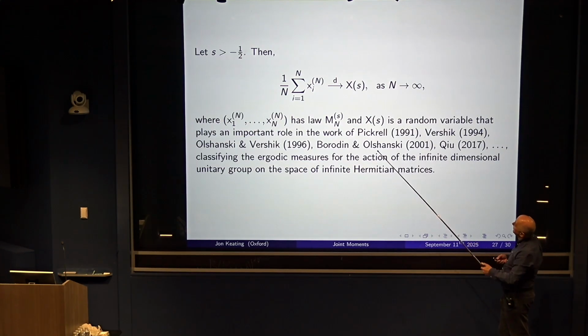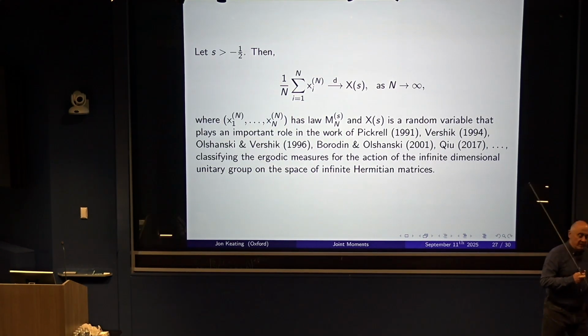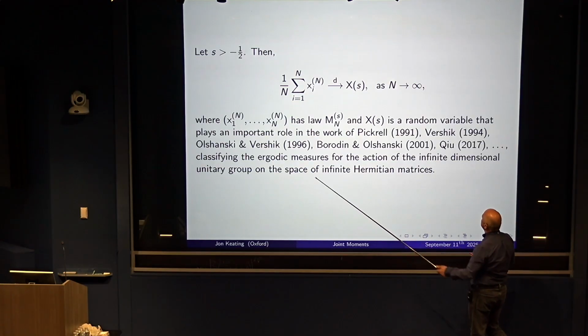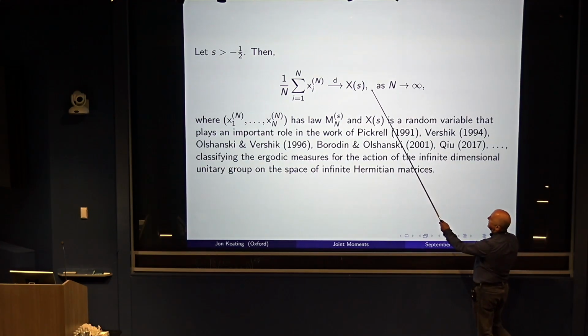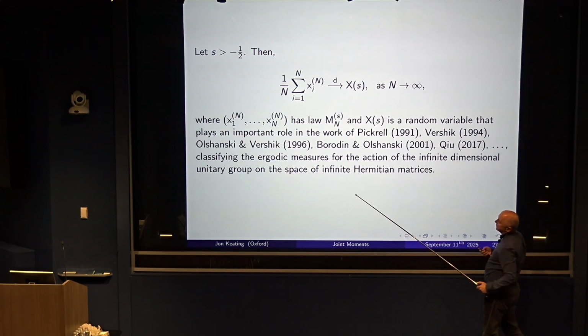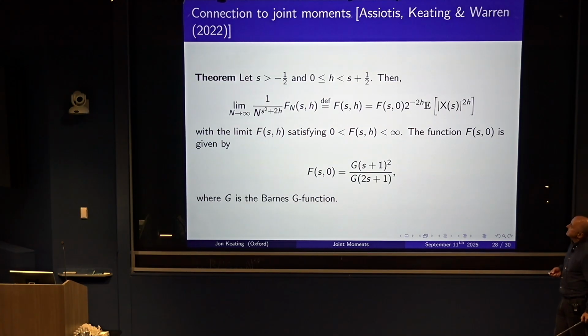So one example, it appeared first of all in the work of Vershik in classifying ergodic measures on the space of infinite dimensional Hermitian matrices under the action of infinite dimensional unitary matrices. So this random variable appears very naturally in this classification of ergodic measures on the space of infinite dimensional matrices.